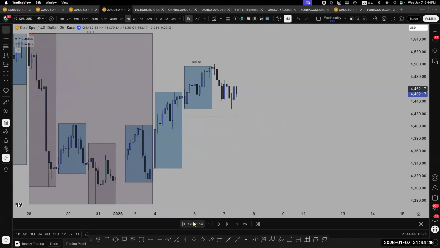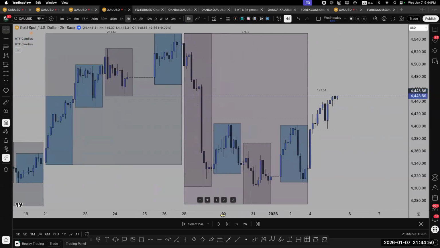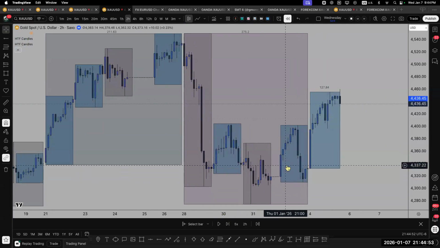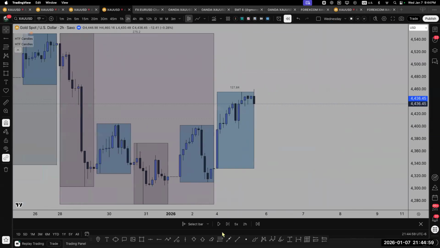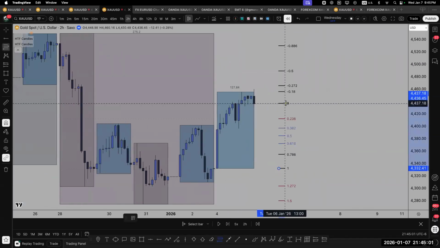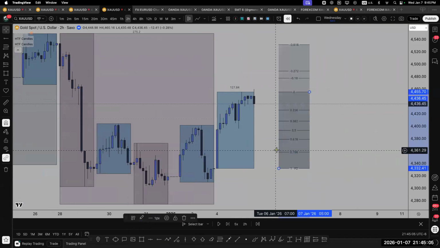Monday's price action, I'm going to go ahead and rewind it. Monday's price action is the low and the high. You measure it with the fib, like always. Boom. You measure that with the fib. That was there right there.